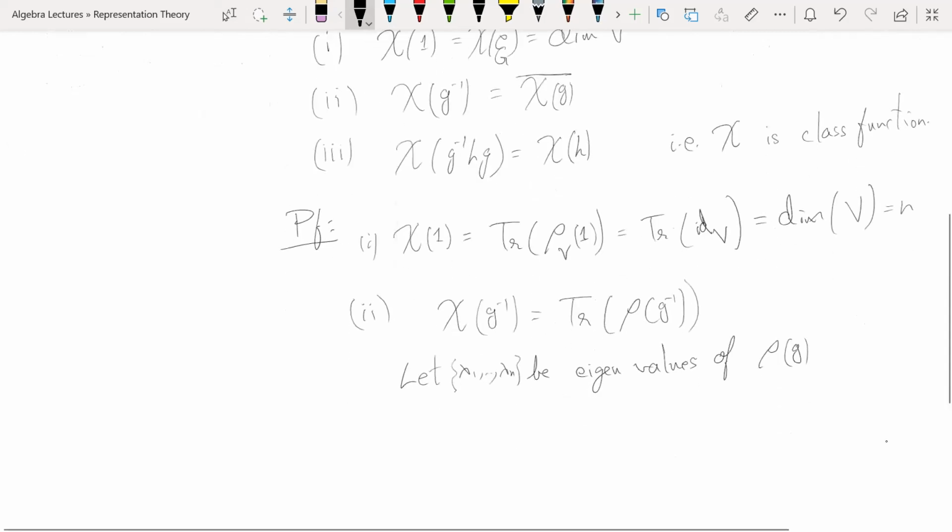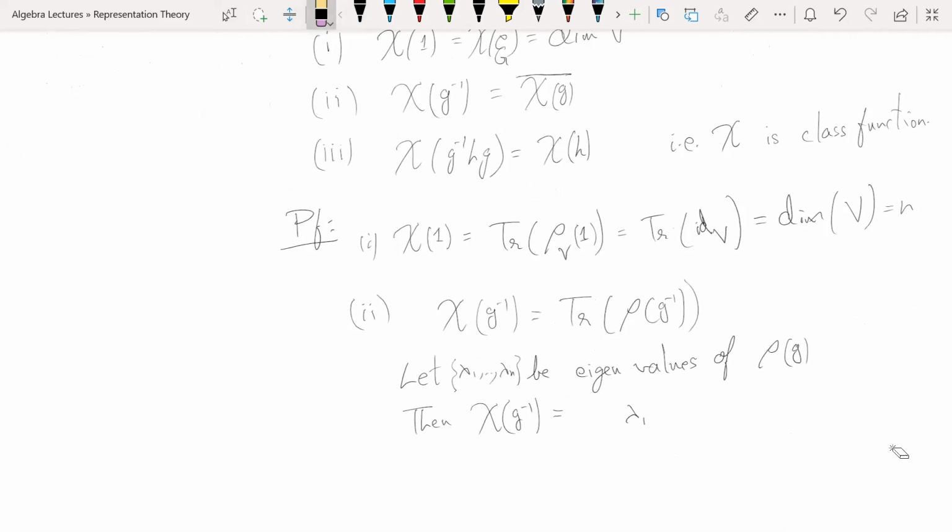Then chi of g is the sum of these lambdas, lambda 1 to lambda n. So what are the eigenvalues of rho of g inverse?